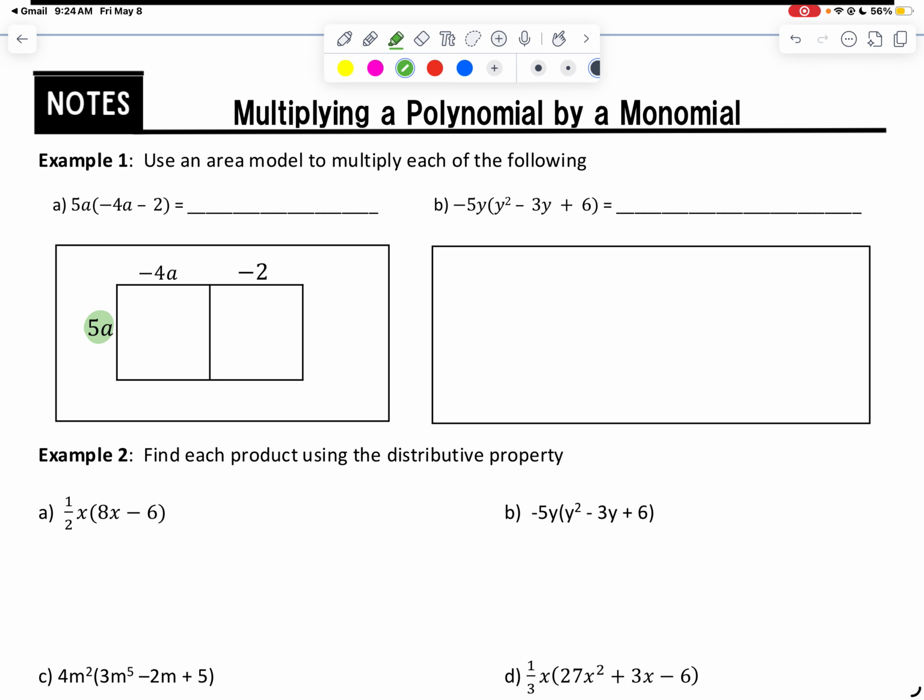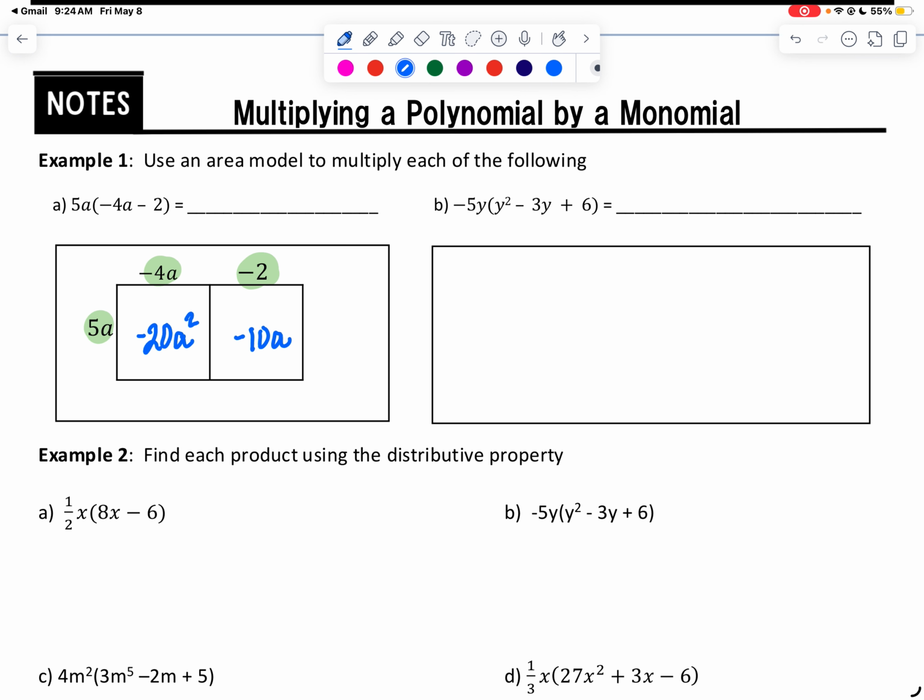Then we multiply our monomial 5a times the negative 4a, which gives us negative 20a squared. Then we take the 5a and multiply it by the negative 2, which gives us negative 10a.